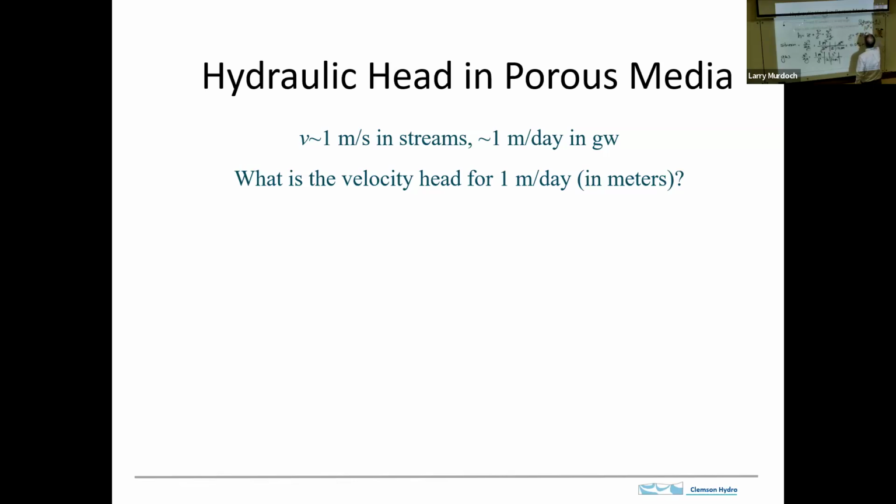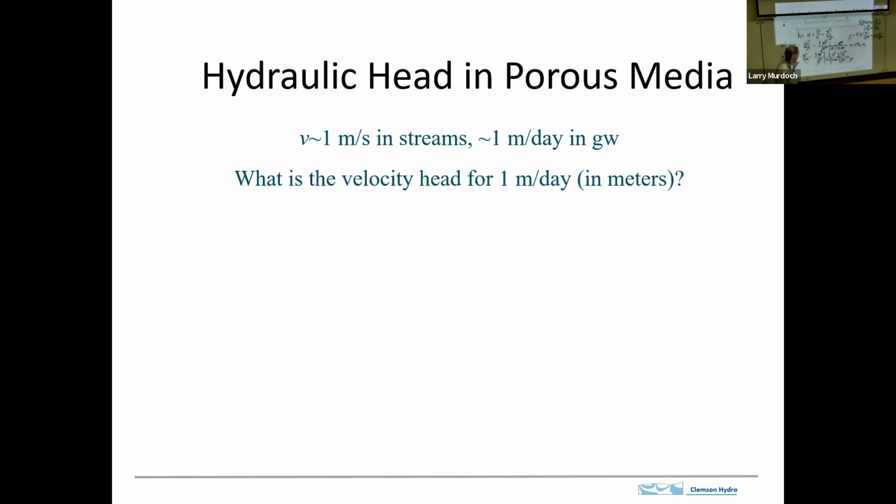It's 86,000. Let's call it 10 to the 5th. So one day squared is about 10 to the 5th squared seconds. Okay, now the units cancel. And I have units of meters.